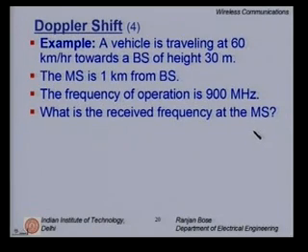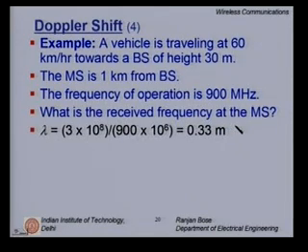For this example, let us consider that we are only getting one direct line of sight and there are no reflections. Otherwise, you will have to do this exercise for every reflected and scattered component. So the first thing to calculate is the wavelength.